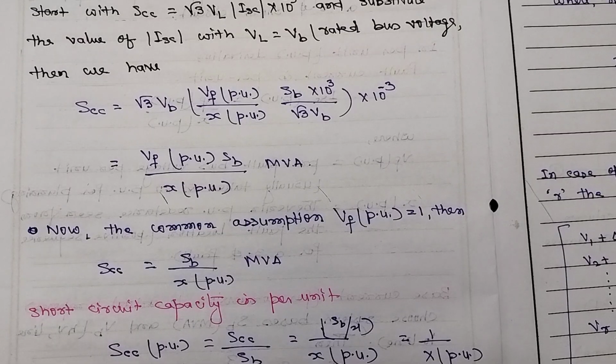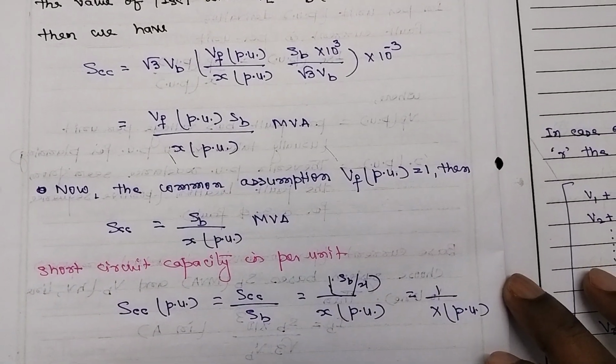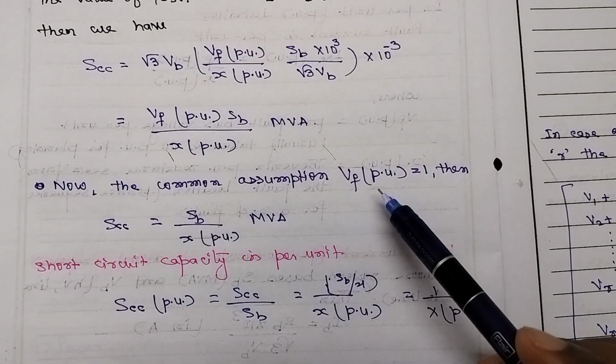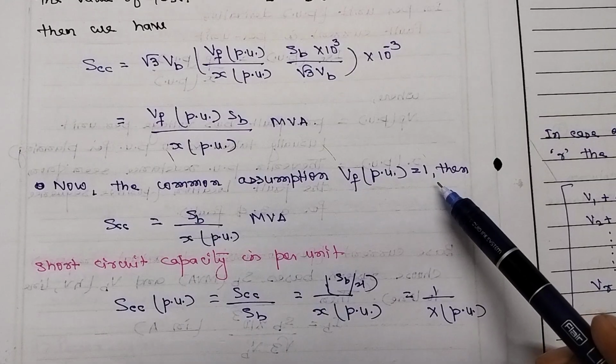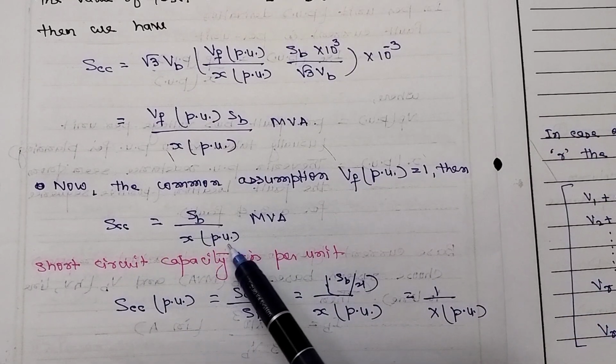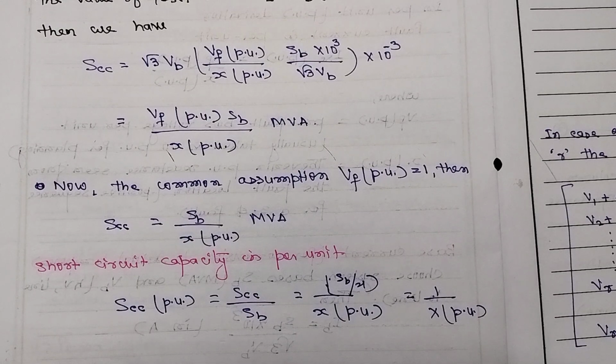So common assumptions: if VF per unit is equal to 1, then simply the SCC will be equal to SB by X per unit in MVA.